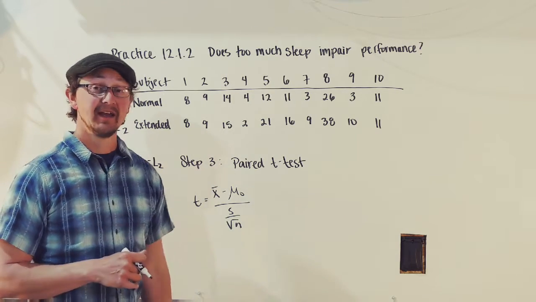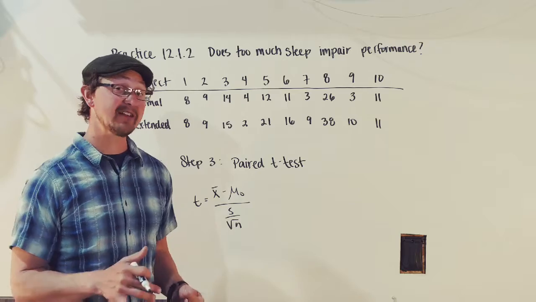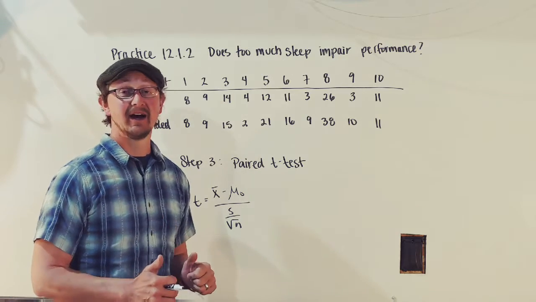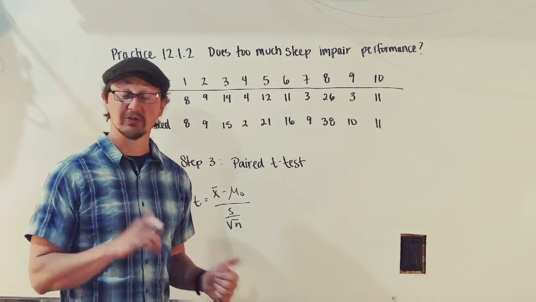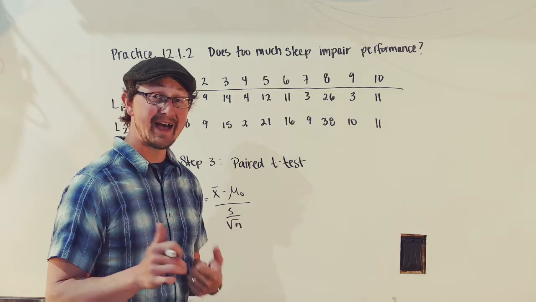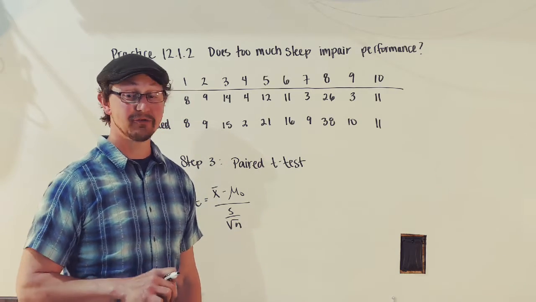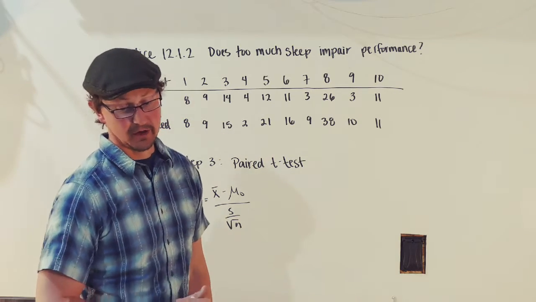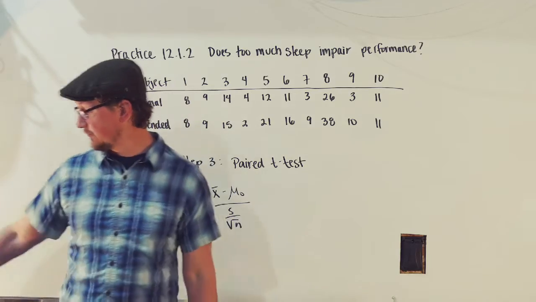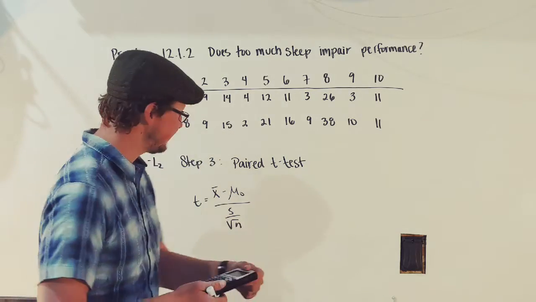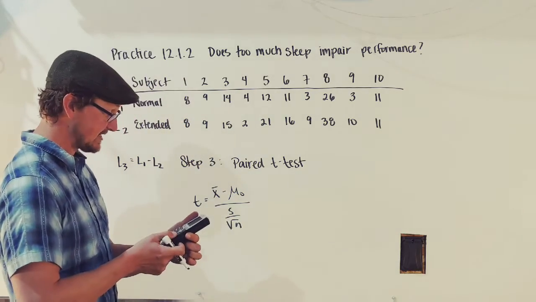So when we go in and go over into our stats button, we click over to tests, and we go down to our t-test. We're going to use data from L3. So if you followed that, we're good to go. I've already done that on my calculator, so let's see what the results we get are.